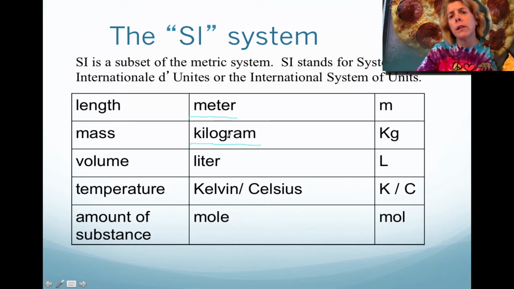Now you'll notice in lab we're going to do a lot of grams, but the base unit of mass is kilograms. And then liters. Also, when we're in the lab, we typically use milliliters as opposed to liters. For temperature, a lot of scientists talk in Kelvin, but when we work in the lab, we're primarily going to be working with Celsius. And then lastly, amount of substance is the mole, and we're not talking about a furry rodent, we're talking about something else.